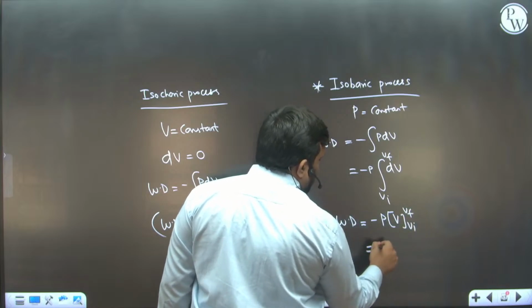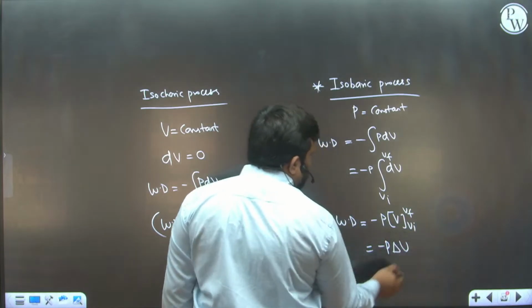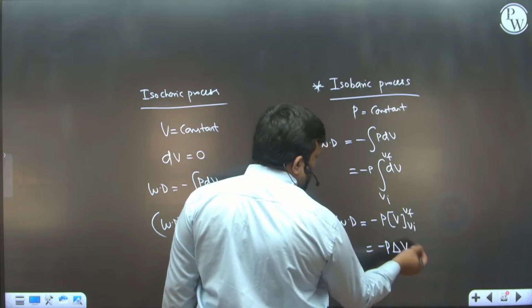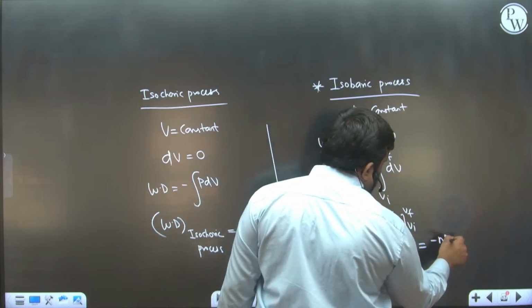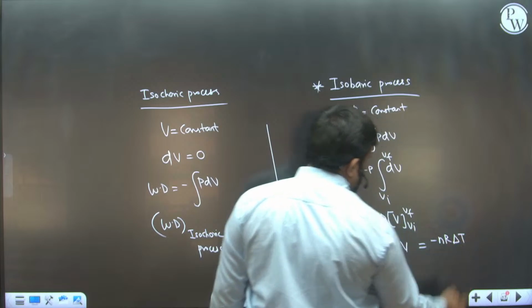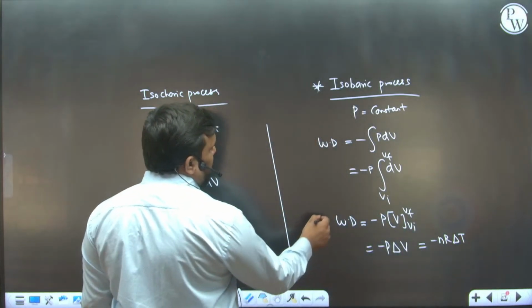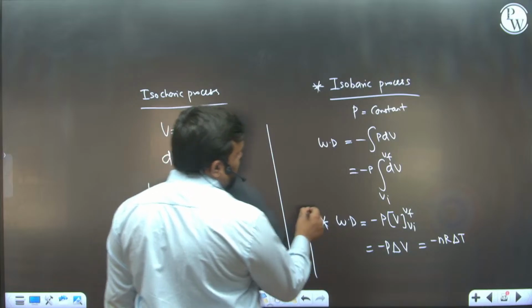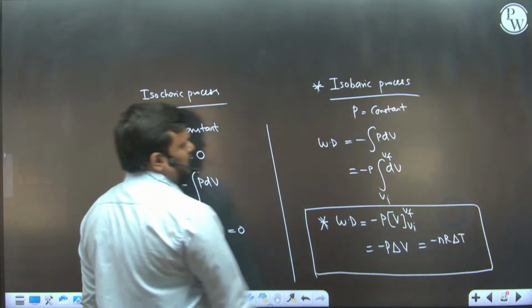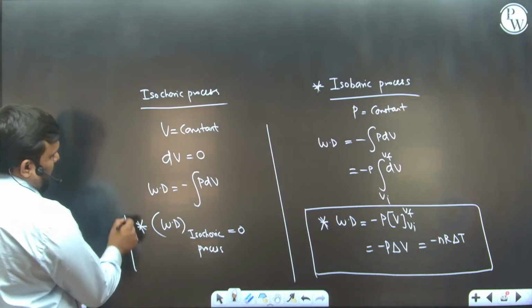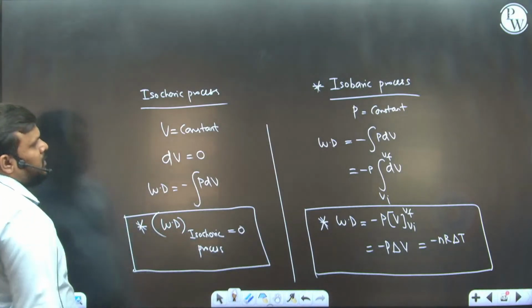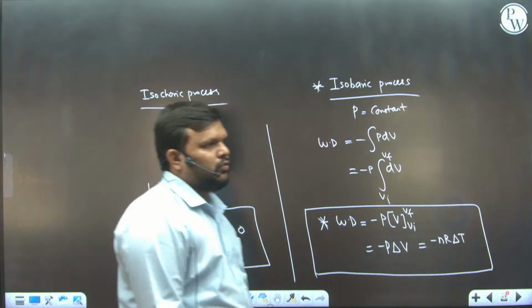We are getting minus P delta V as the work done. Also you can have it in terms of temperature, you will get it as nR delta T. So this is the work done for isobaric process. And this is always equal to 0 for the isochoric process.